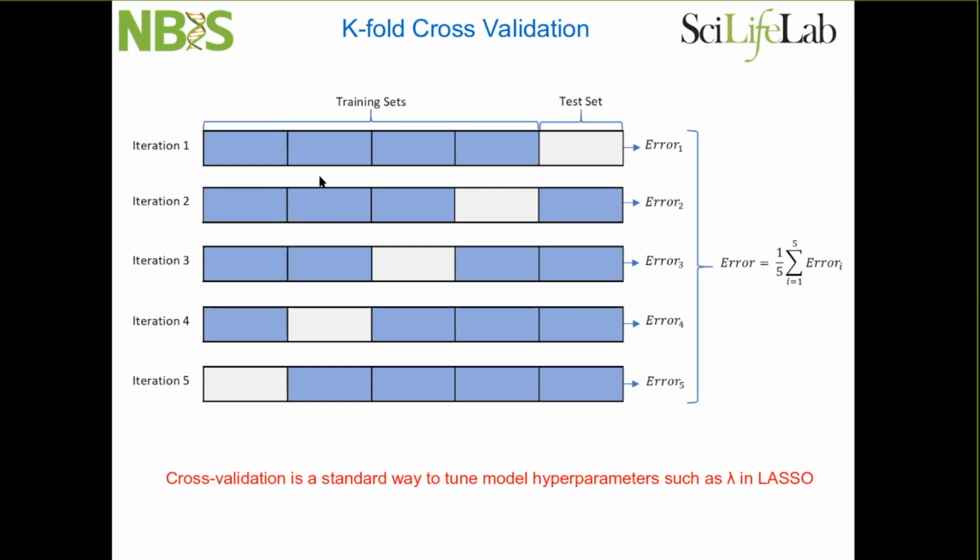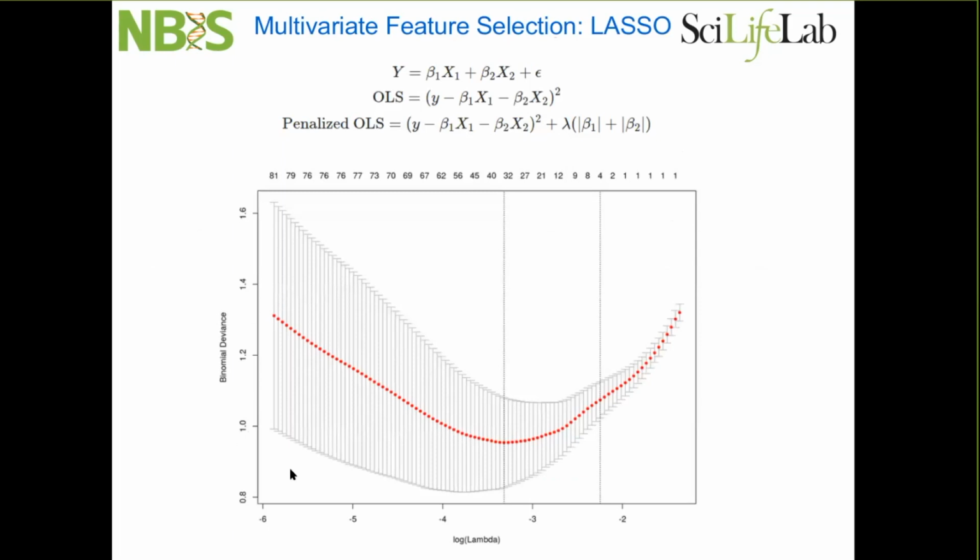Again you use the blue segments for training and the white one for validation, and compute the error again, and so on. You do it multiple times and compute a collective error of cross-validation. This is what is plotted here. The y-axis displays the error of your model through cross-validation.